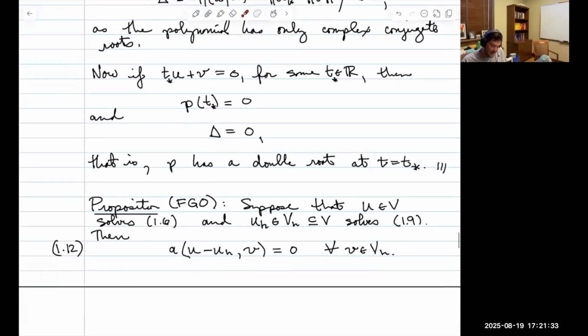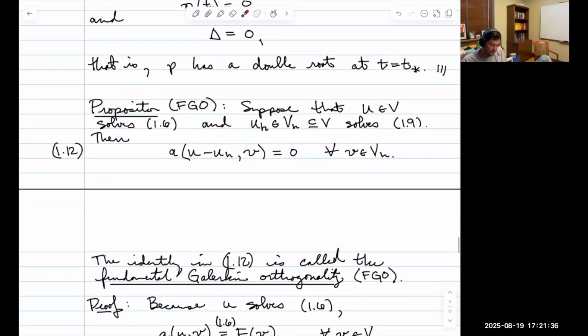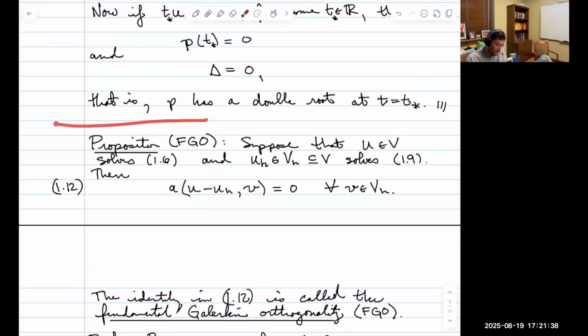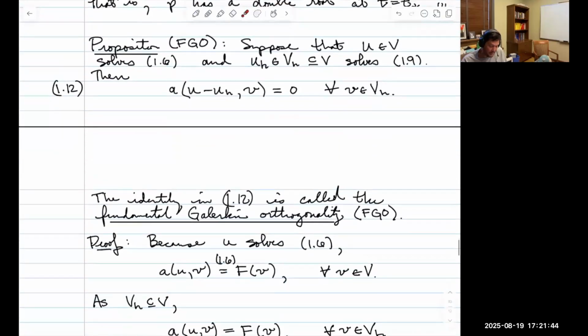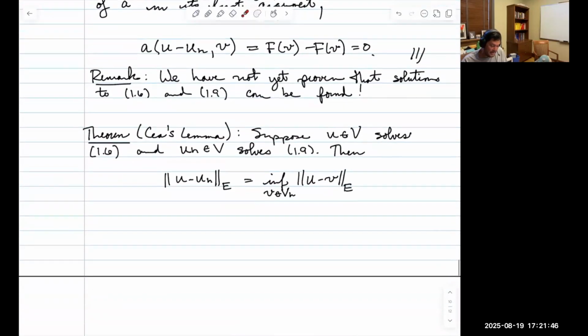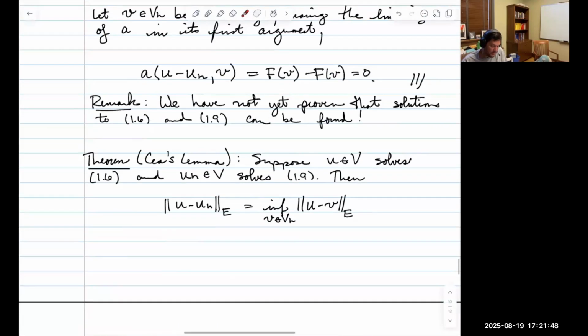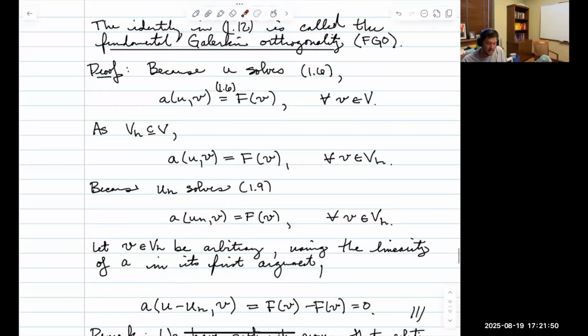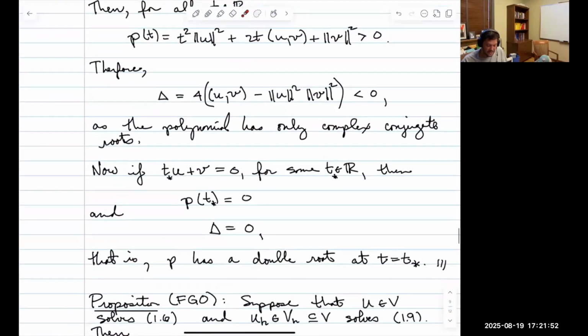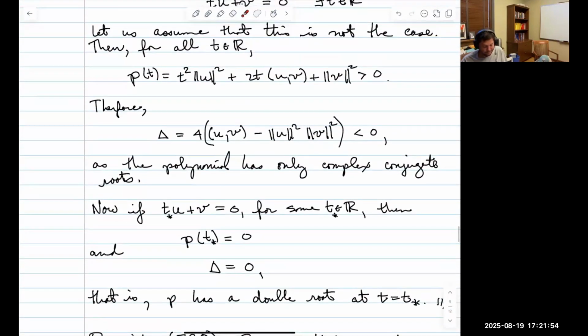Now, I don't have time to go into the next thing, so this will all get moved to the second lecture. We'll start talking in the second lecture about the fundamental Galerkin orthogonality, and the next thing on the list was Say's lemma. Like I said, if I were to post these things online to begin with, I'd end up revising them anyway.